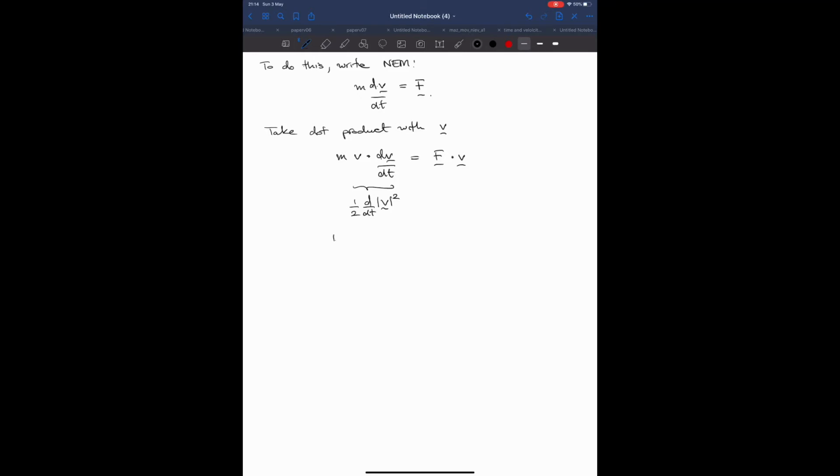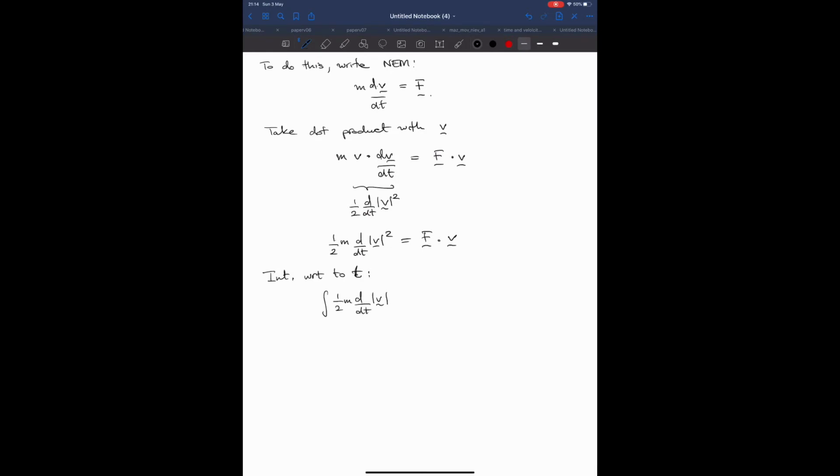So we have on the left 1/2 m d by dt modulus v squared equals F dot v. Now remember, I can then integrate with respect to t. And what I'll get is an integral.